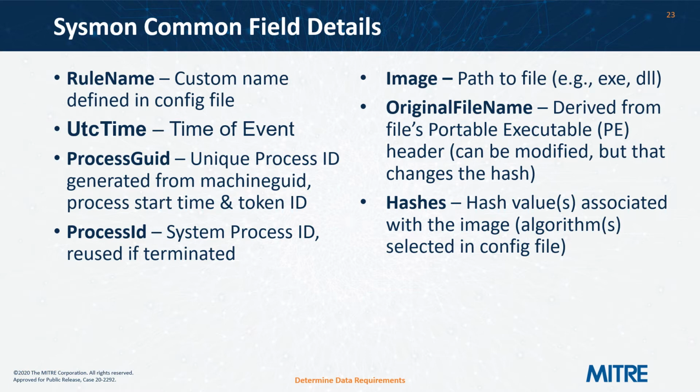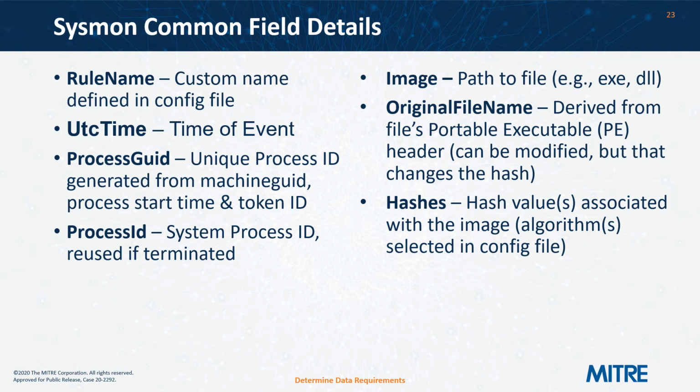Each event will also record the UTC time the event was triggered, as well as the ID of the process that created the event. Bear in mind that the process ID is the ID used by the operating system and can be recycled once a process terminates. So, the process ID field is not guaranteed to be unique.